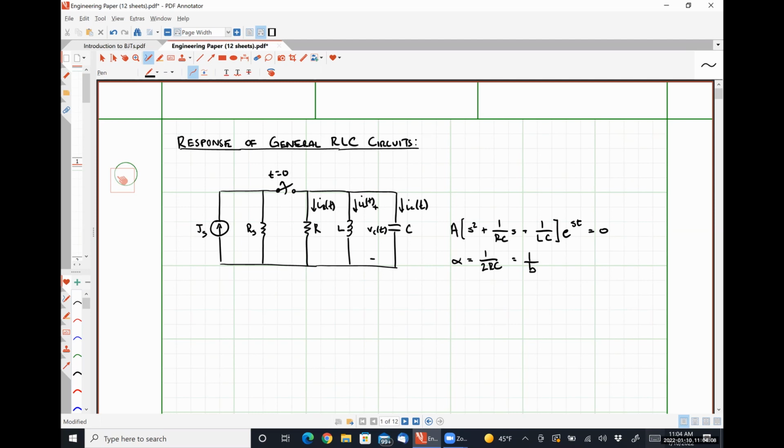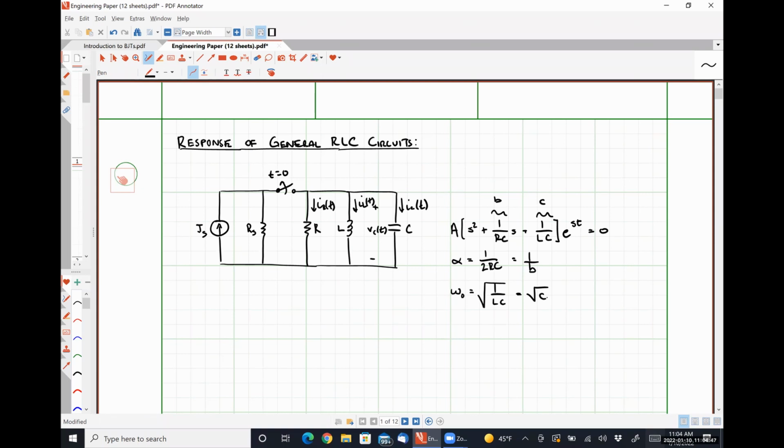Where this coefficient represents B, this one represents C, and we solved the system in such a way that the coefficient A was 1, right? And we also found omega naught was the square root of 1 over LC, which is simply the square root of the coefficient C in our relationship.